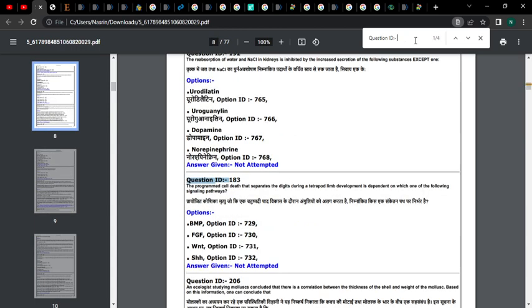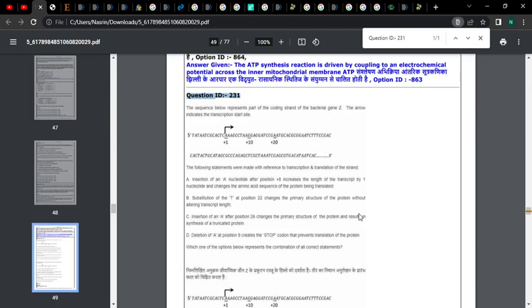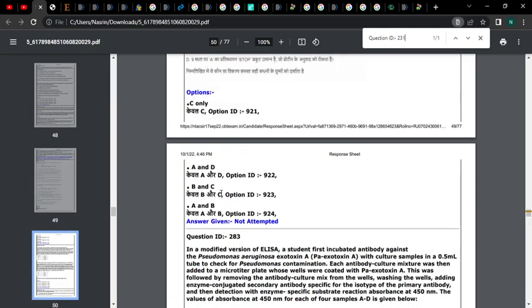Next question is with regard to question number 231. Here you can see, I don't know how you are attempting these questions, friends. Even though it is easy, it is really hard, and it takes around 10 minutes to solve this question. Anyway, I wouldn't take this kind of question when I was writing the CSIR examination. Here they mention option number C, that is 921.